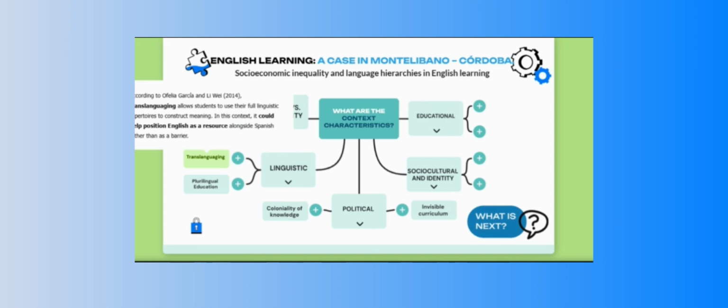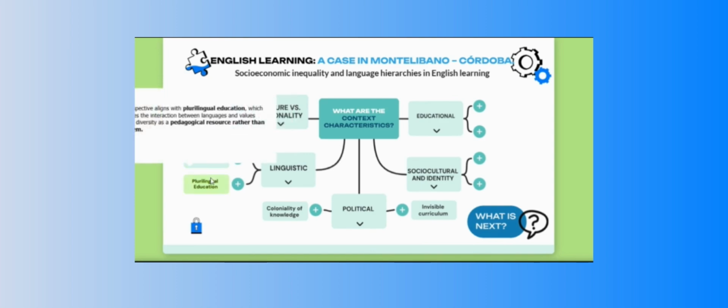Promoting translanguaging will therefore validate students' linguistic resources and help them perceive English not as a barrier but as a complementary resource alongside Spanish. This perspective is aligned with plurilingual education, which recognizes the interaction between languages and values linguistic diversity as a pedagogical resource rather than a problem.